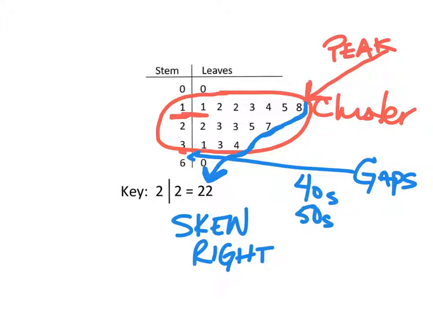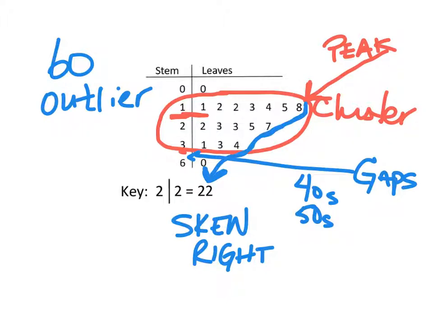Speaking of 60, I would argue that 60 is an outlier. Simply by looking at the data, you can see that the number 60 is significantly different than the rest of the data in the set. In fact, the nearest number to 60 is 34, quite a distance away.